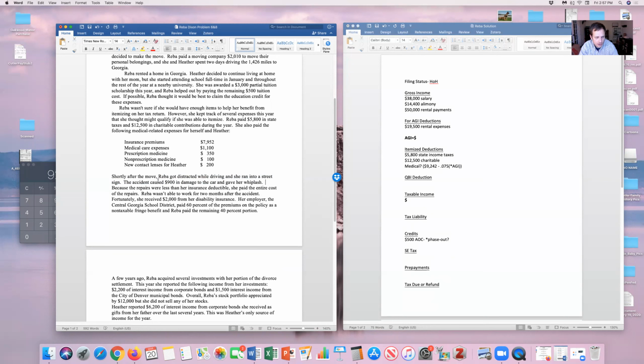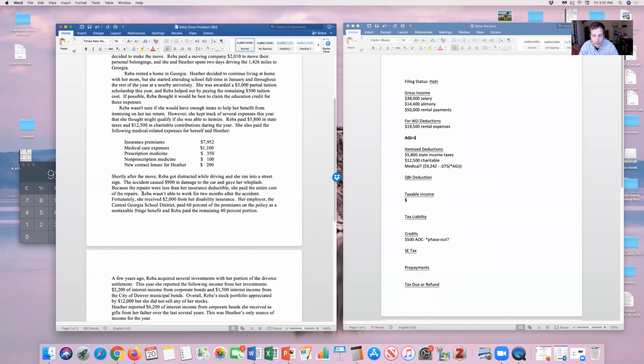The issue is she paid $900 in damage from this accident. In prior years, this might have been a casualty loss deduction, but now, because it's not a federally declared disaster, she can't deduct it. So we're done with that expense.